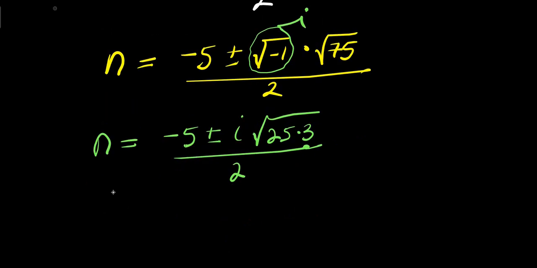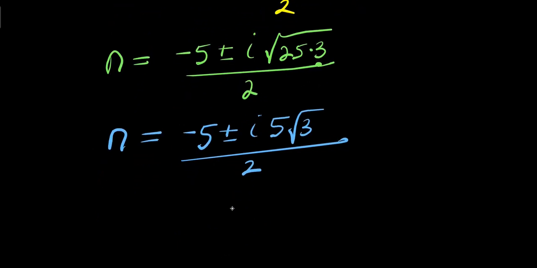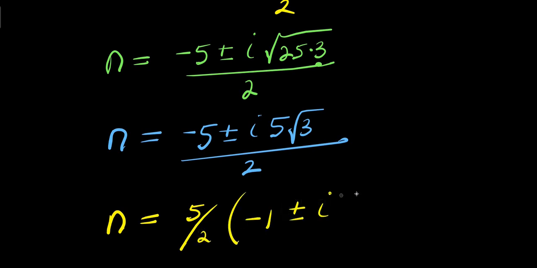So from here, you have n equals negative 5 plus or minus i times square root of 25, this is 5, root 3, divided by 2. So from here, you can easily factor out 5 over 2. You have n equals 5 over 2 times negative 1 plus or minus i root 3.